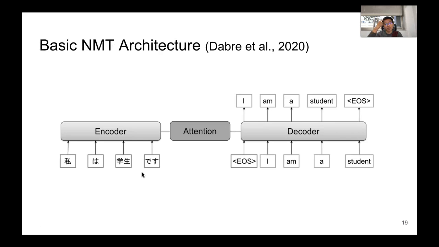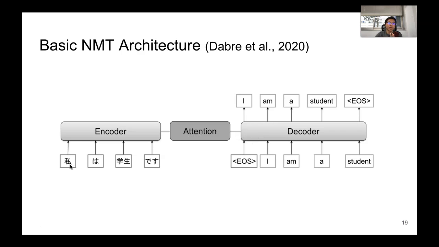So from now on, I'm going to first give a very basic introduction about MLMT. But before that, we must have a look at how MLMT works, right? So this figure shows the basic MLMT structure. We have the encoder and we have the decoder, and they are connected by attention.